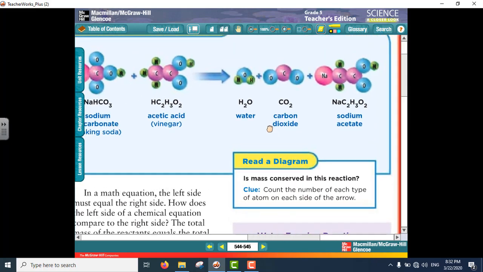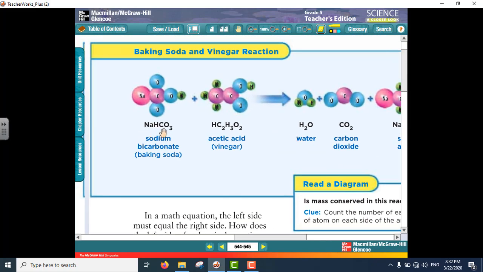Another equation here: we have NaHCO3, or sodium bicarbonate, the first substance, with HC2H3O2, acetic acid. These substances are called reactants.